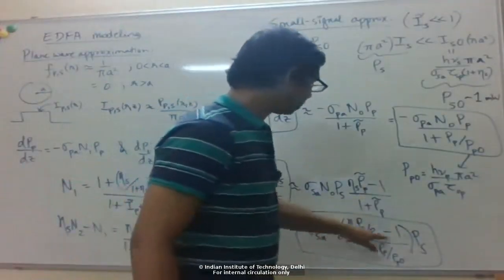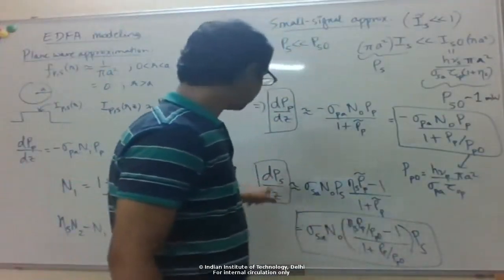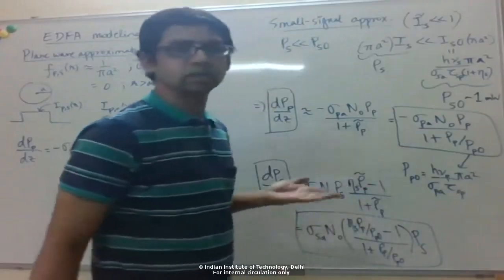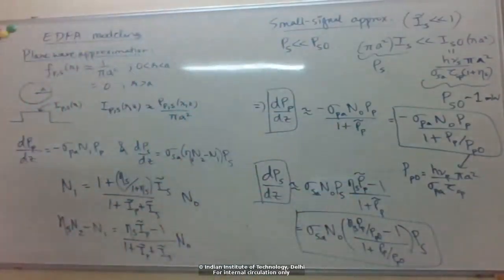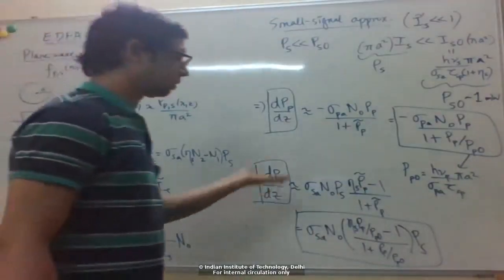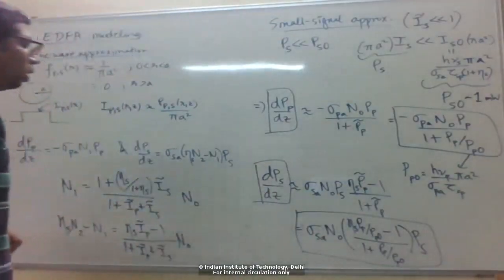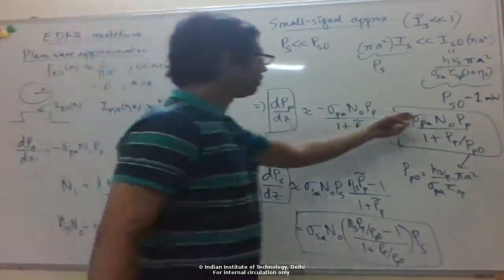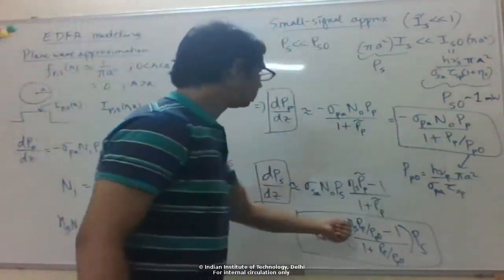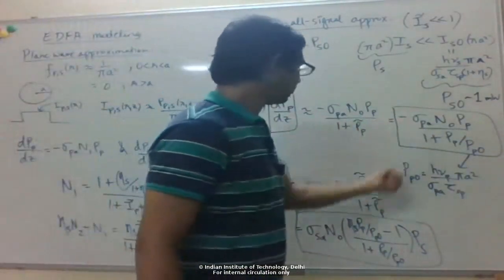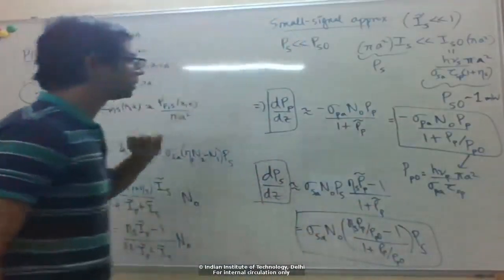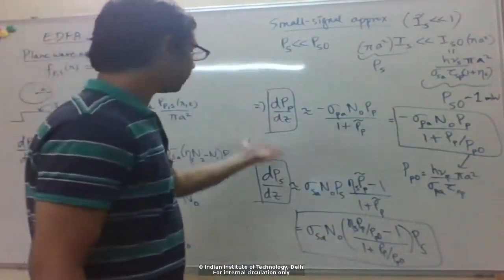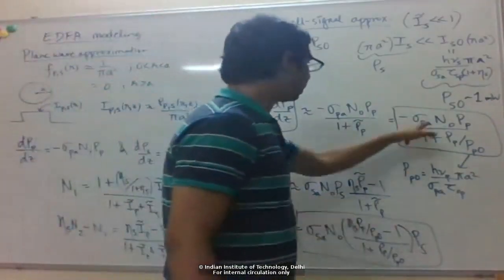If this quantity is positive, then dPs by dz is a positive quantity, so the signal gets amplified. Signal power increases. But you can see that these are non-linear differential equations, so you can't straightforwardly solve them to get analytical expressions. Even after these approximations, the expressions are much simpler, but still they're non-linear.